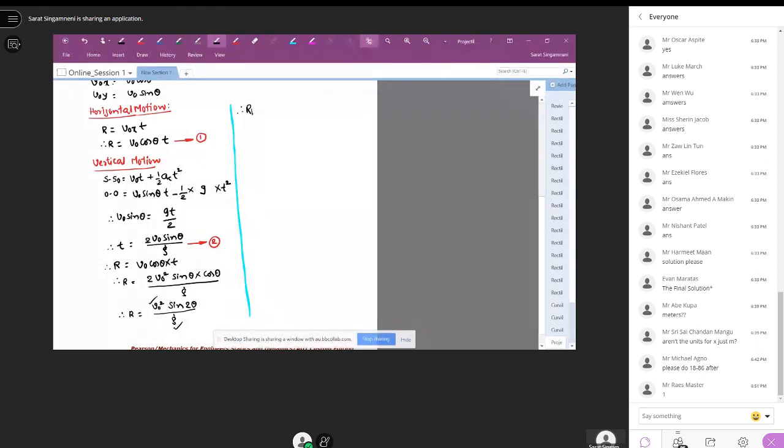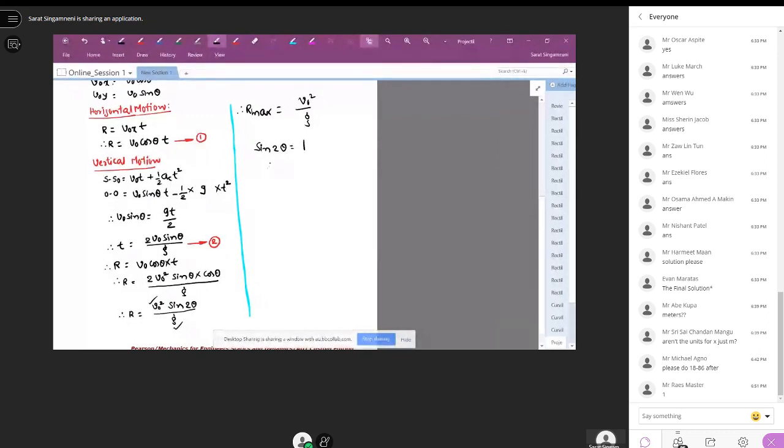Therefore, r max is equal to V0 square over g. And that is what he asked you to prove, because sine 2 theta must be equal to 1 for it to be maximum. So if it is equal to 1, then R max that you can get is V0 square over g. Then corresponding to that, the condition is sine 2 theta is equal to 1.